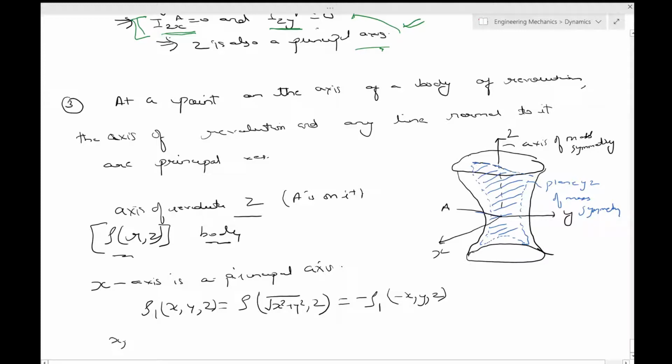So x, y and z will now be principal axes at A, because yz and zx are orthogonal planes.